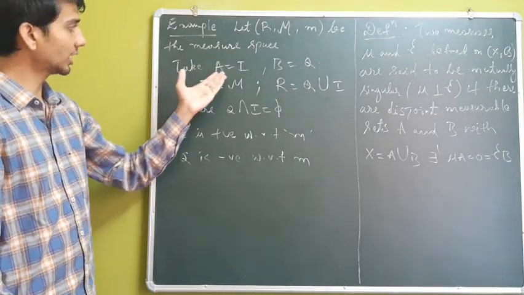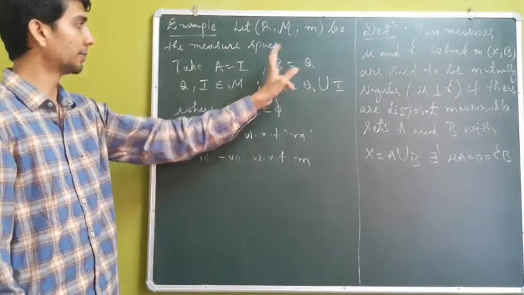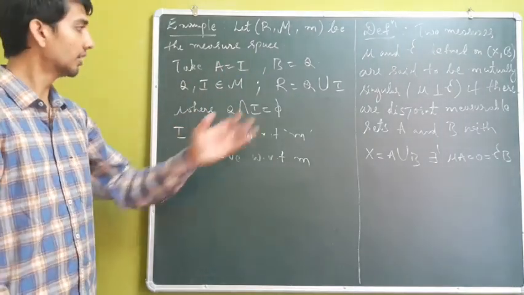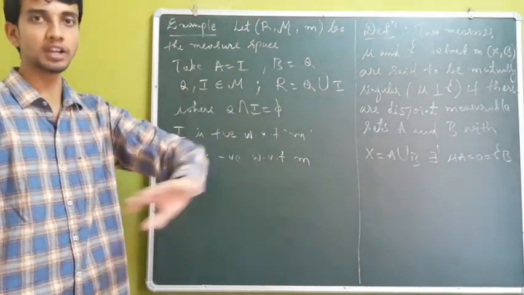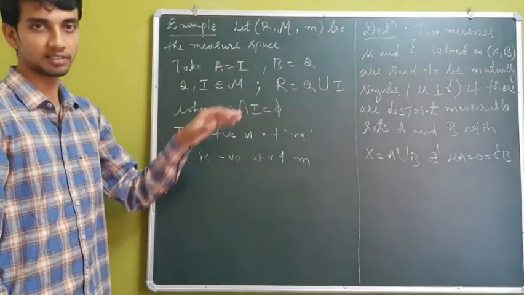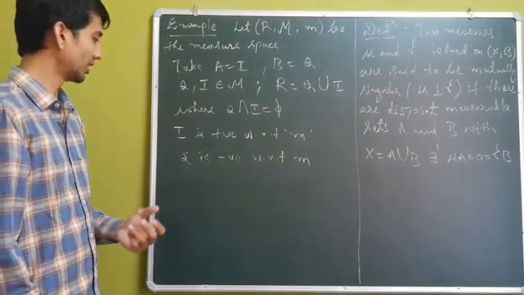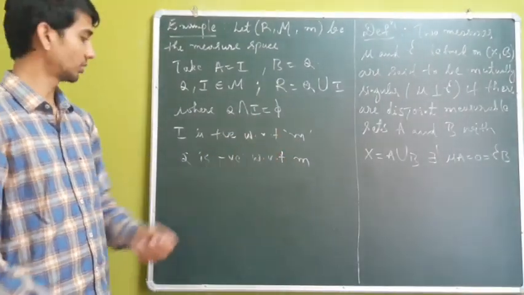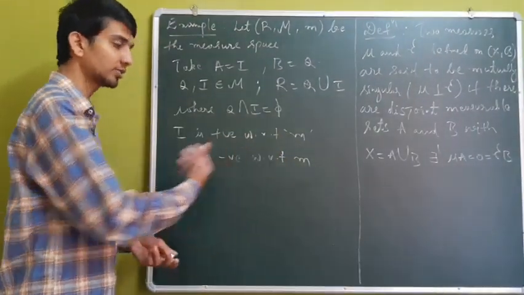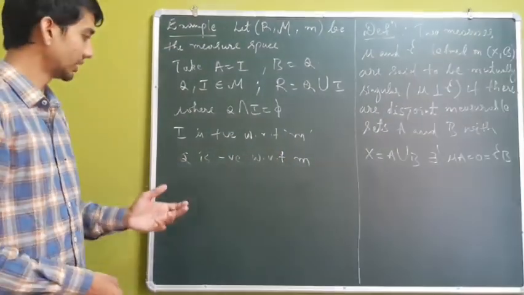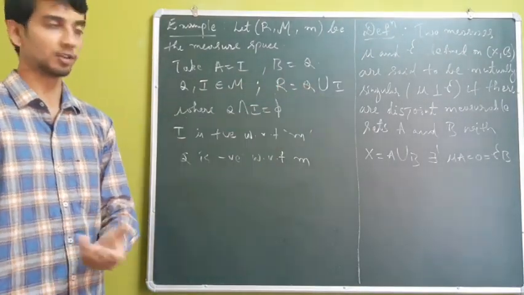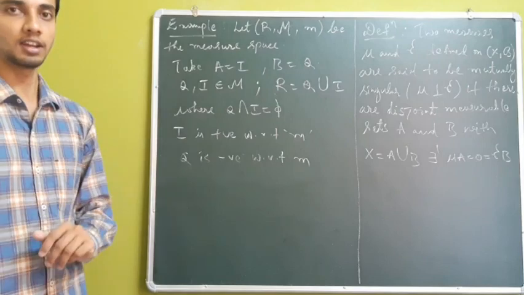If I consider A to be the set of all irrationals and B to be the set of all rationals, and I and Q are measurable, with R to be the disjoint union of Q and I, with their intersection being empty. So we have I to be a positive set with respect to M and Q to be the negative set with respect to M, so that we have the decomposition of R into the disjoint union of a positive set and a negative set.